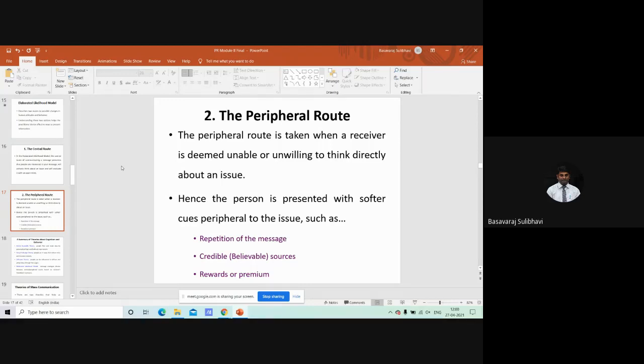Then we have rewards or premiums, as we said. If you go back to the previous models, the public will only be interested in issues which can give them some rewards, some satisfaction or returns, for discussing the issues.